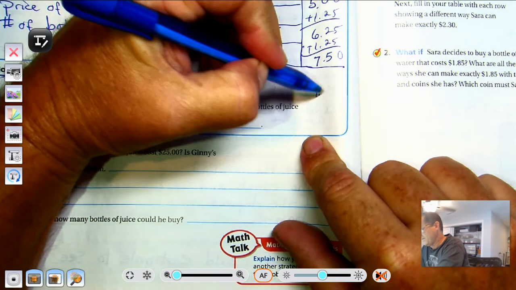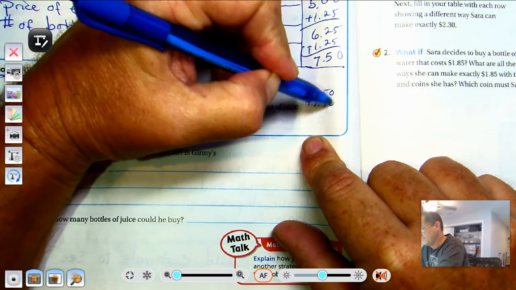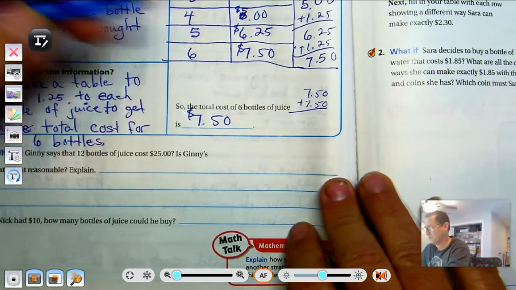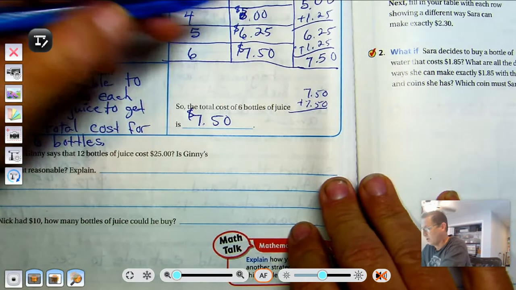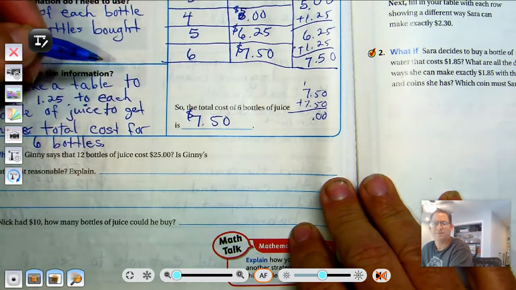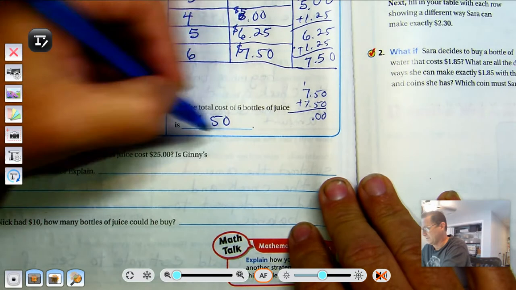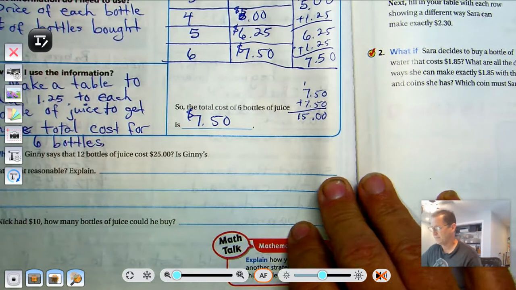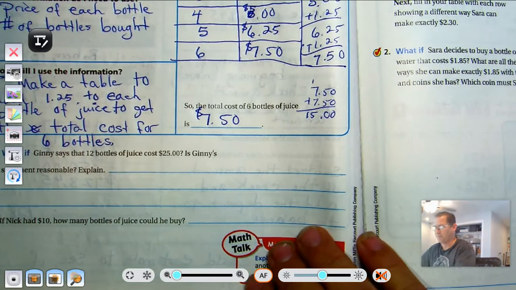So is $7.50 plus $7.50 $25? Well, 50 cents and 50 cents, that's $1. And 7 and 7 is 14 plus an extra regroup dollar is $15. So no, her statement's not reasonable.